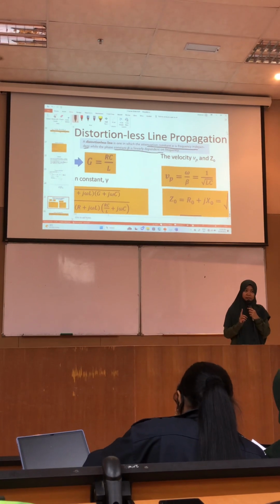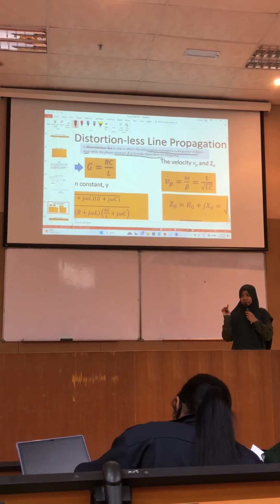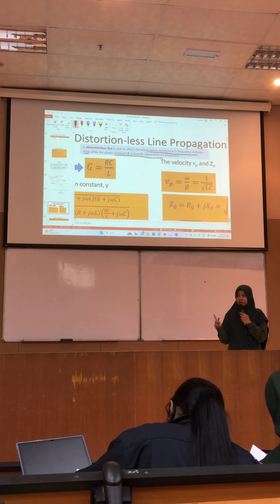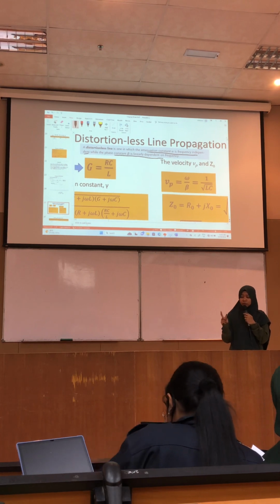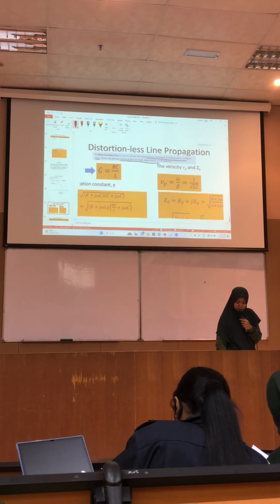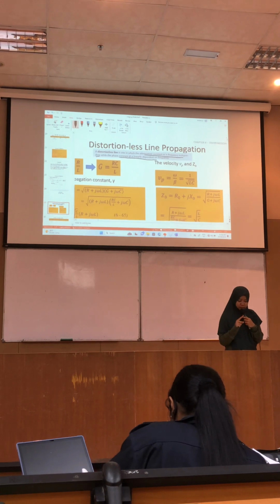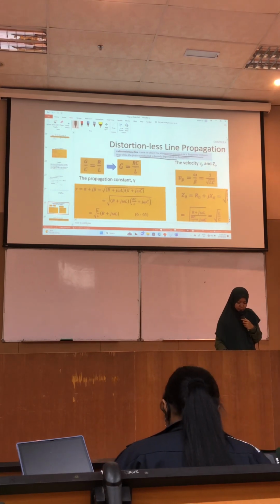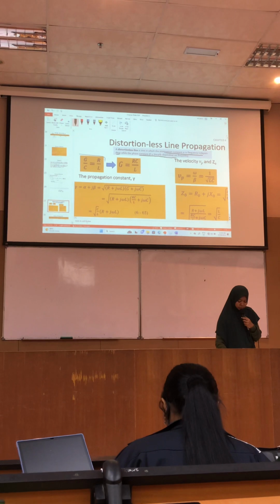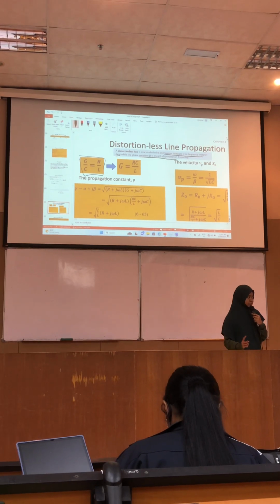R and G, there is a value for R and G. Lossless, R equals to G equals to 0. But for distortionless, G over C is equals to R over L, which is equals to G equals to RC divided by L.